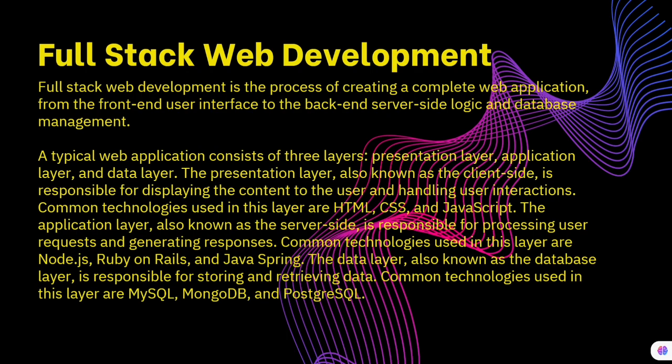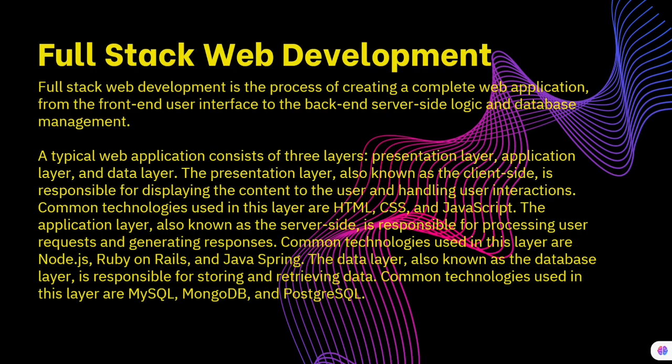In the presentation layer, we use technologies like HTML, CSS, and JavaScript to make the site responsive, make the UI interactive, and handle user interaction more efficiently. Second one is application layer. Application layer is also known as server side.